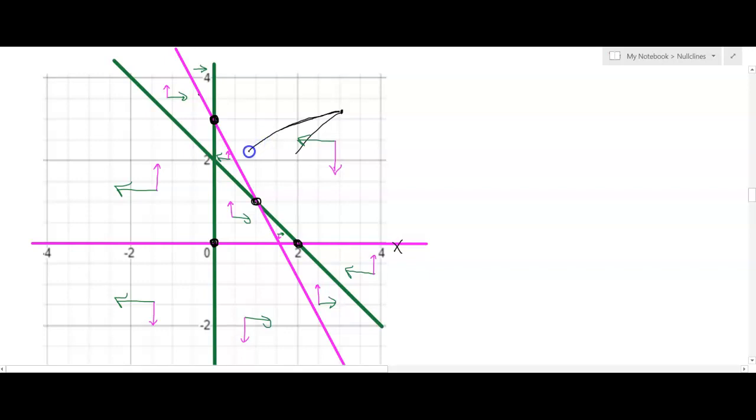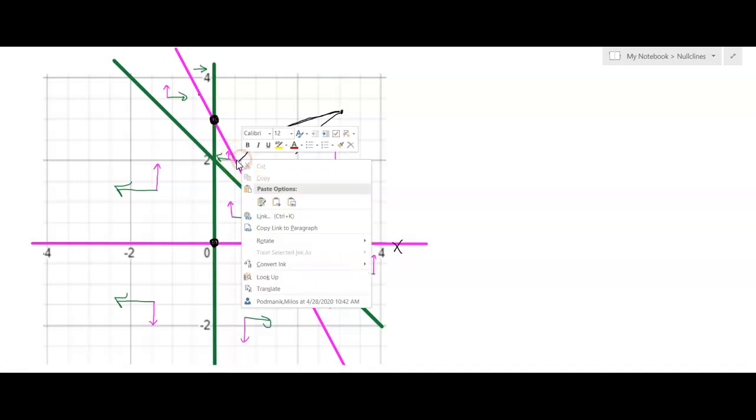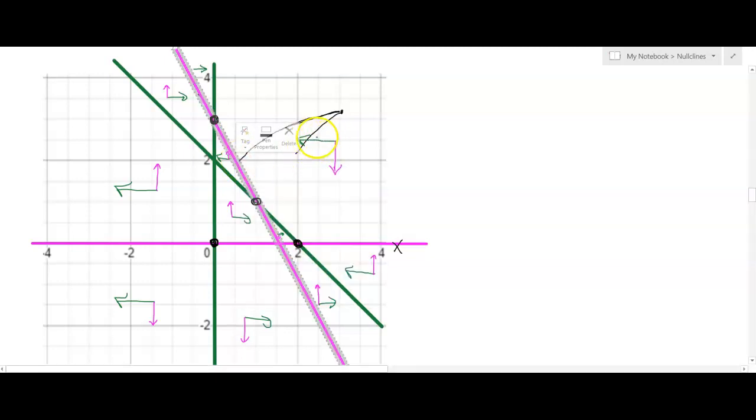But what happens if it bumps into this? Well, that is a y nullcline. That's where the rate of change of y is 0. So we see that there's a left component to the vectors on the right side of this y nullcline, and a left component to the vectors on the left side of this nullcline.